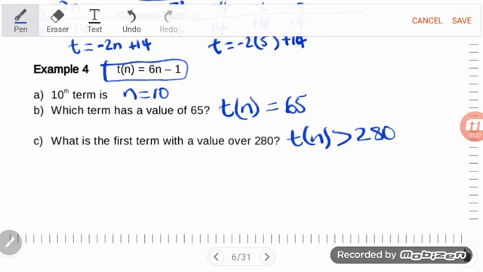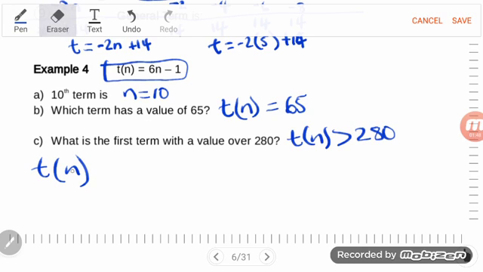So, now that we know these parts, we can start filling in our equation and then replacing it. Okay, so here, got t of n, start with the equation. So step 1, identify what your question is actually saying. So here we want to know what t of n is when n is equal to 10.